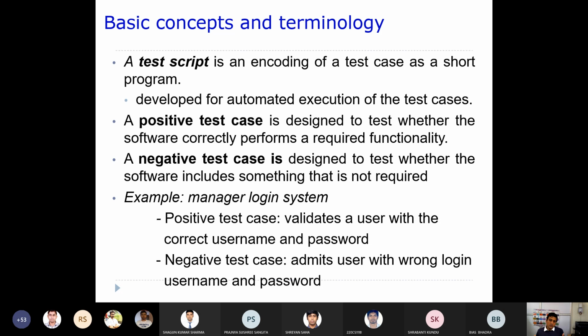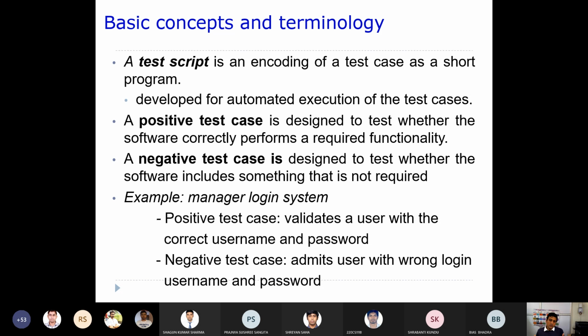A negative test case is designed to test whether the software includes something that is not required. Negative test cases are usually developed to test whether something is included in the software which is really not required.